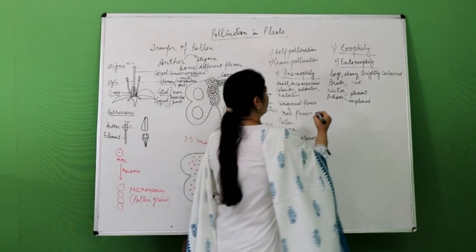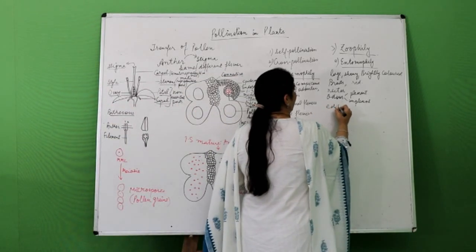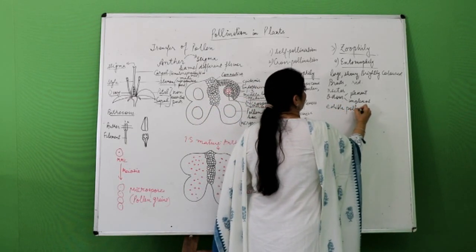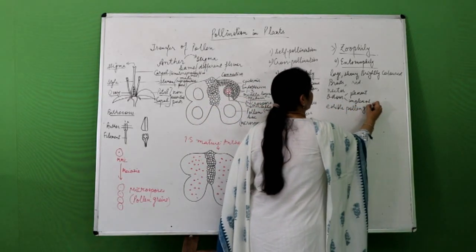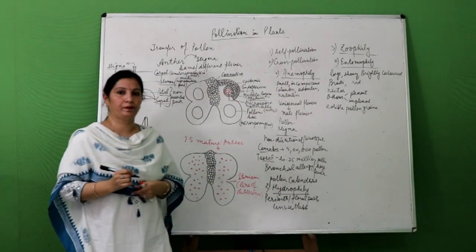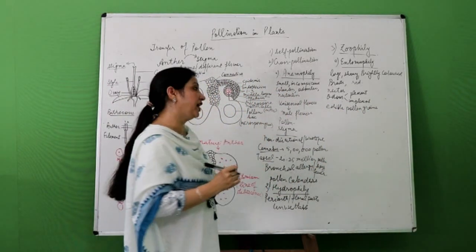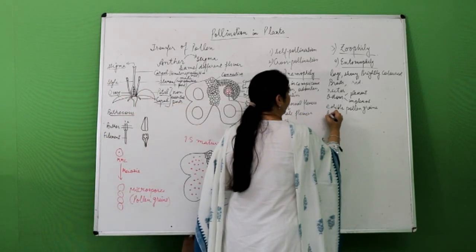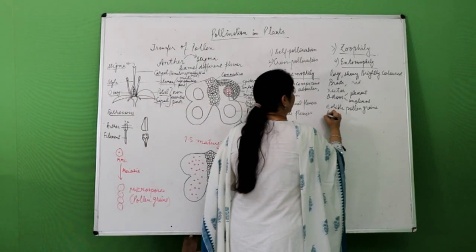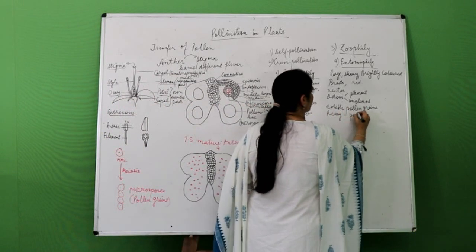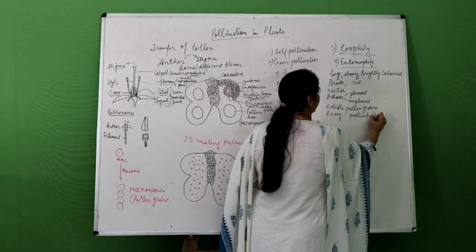Then in some of the flowers there is production of edible pollen grains for which the insects will visit those flowers, right? In this case, the pollen grains are usually heavy, and they are covered by a sticky substance known as pollen kit.